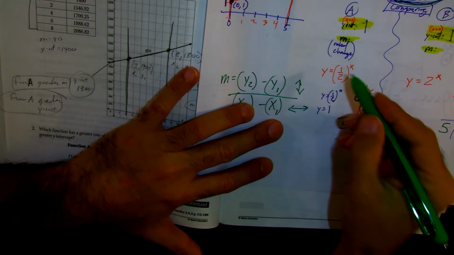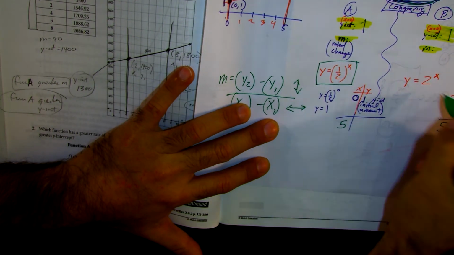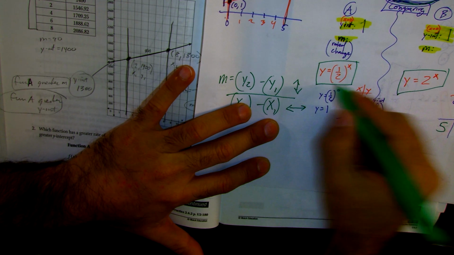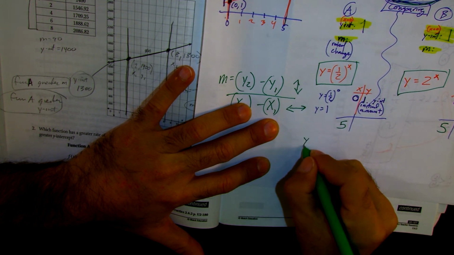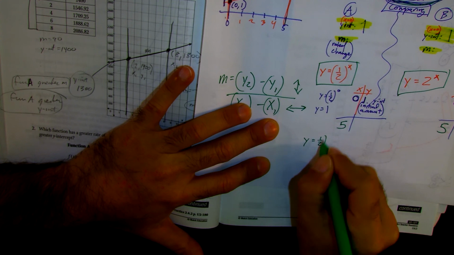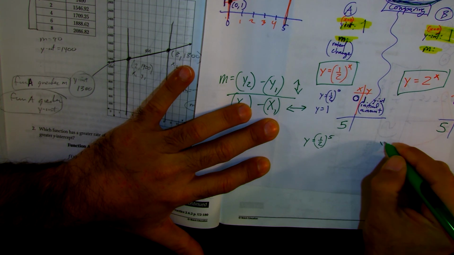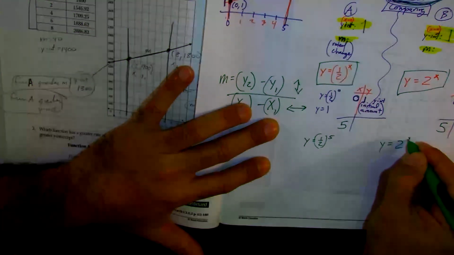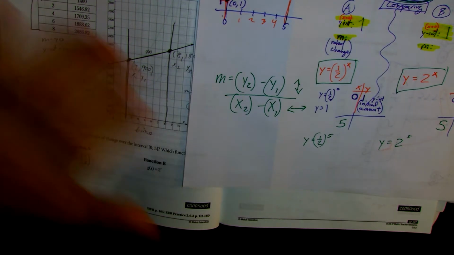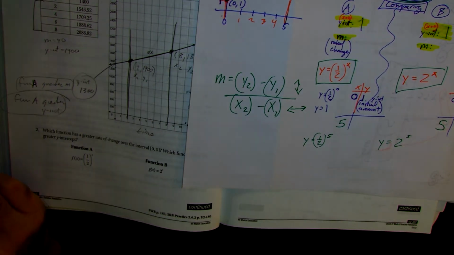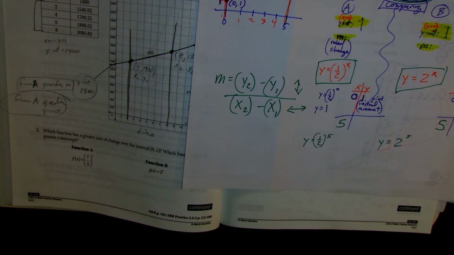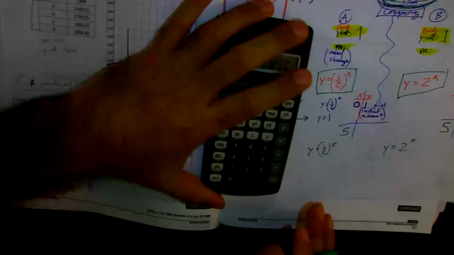All right. So let's keep going with this then. We're going to take our function here, which was our second function, function A and function B. We're going to take function A and plug in 5. (1/2) to the 5th. Calculator work. Go and get your calculator out if you don't have it. I want you to get the practice while we're doing it.